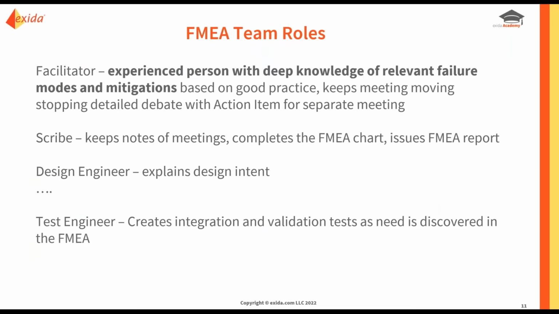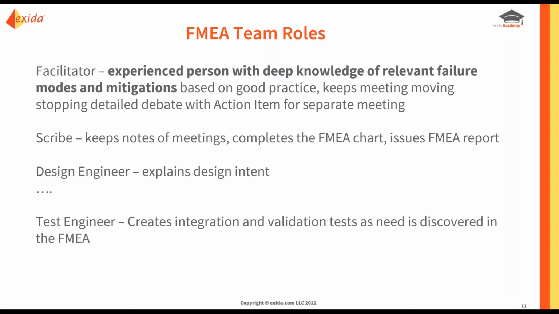FMEAs have traditional roles. There's normally more than one person. I mean, here I've shown 4 roles. Often there are 4 people in the FMEA. Sometimes there's more. I've been in an FMEA where there was a dozen people, and I thought that was kind of overkill. And think of the engineering hours and the cost that we're burning up.